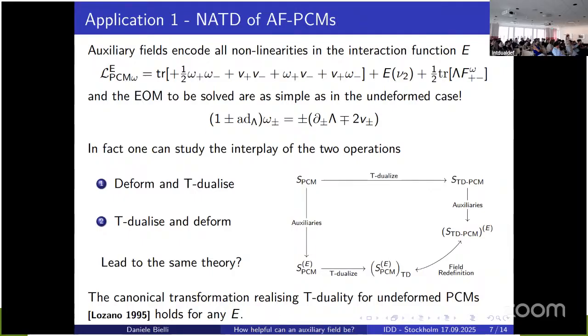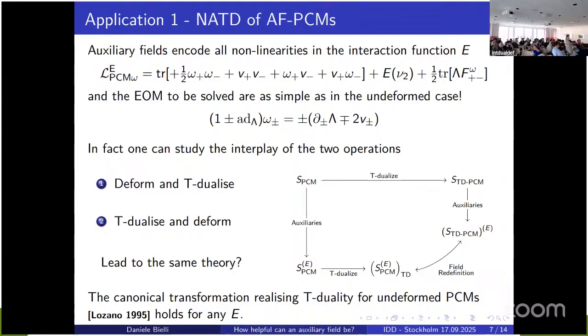Are your auxiliaries now transforming under the gauge algebra? No, the auxiliaries are assumed to transform like the J's. So at this point, I've gauge fixed G to 1, and the auxiliaries are transformed like the Maurer-Cartan form. So in this case, no, wait, I see what you mean.